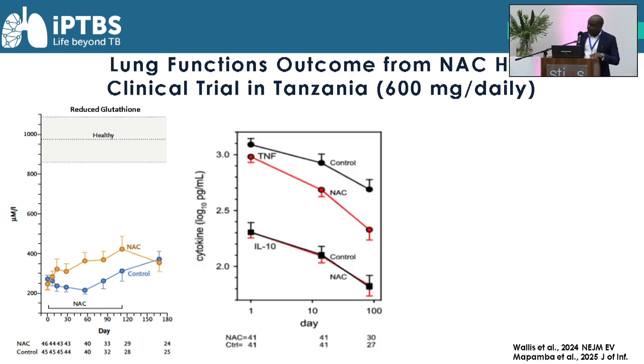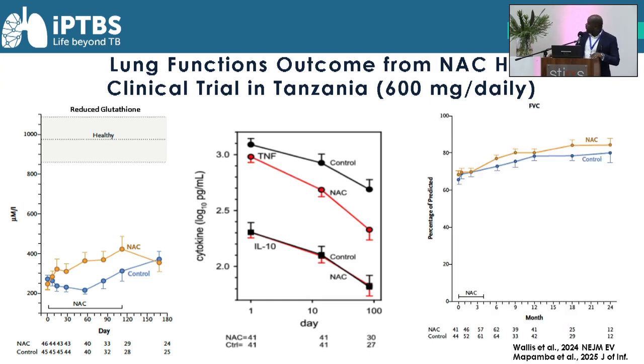The study also showed that NAC managed to reduce the level of pro-inflammatory cytokines such as TNF-alpha, but it did not affect anti-inflammatory cytokines such as IL-10. Although NAC also improved the lung capacity following treatment, there was really a lot of heterogeneity.